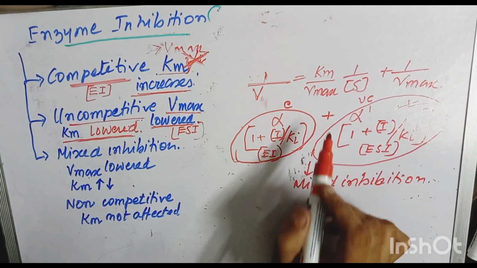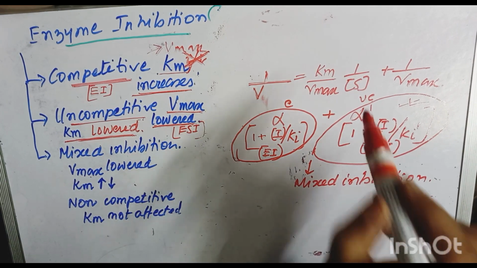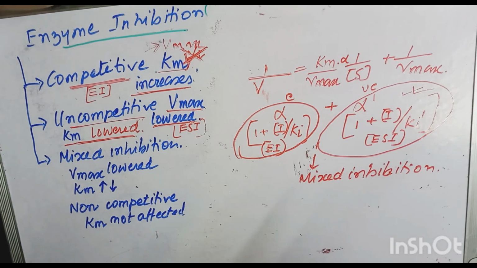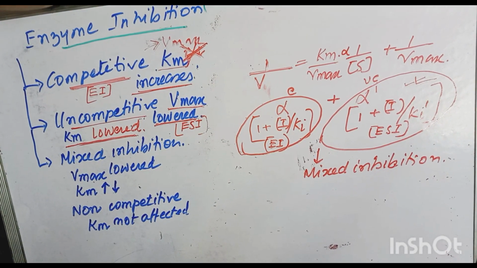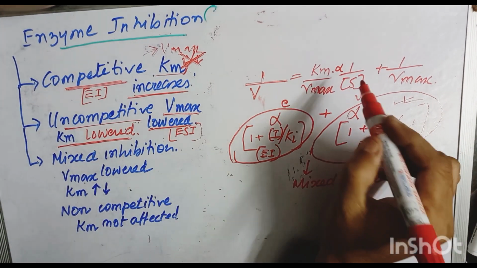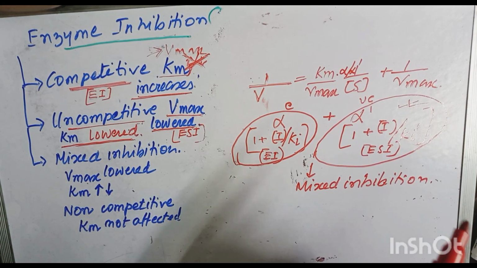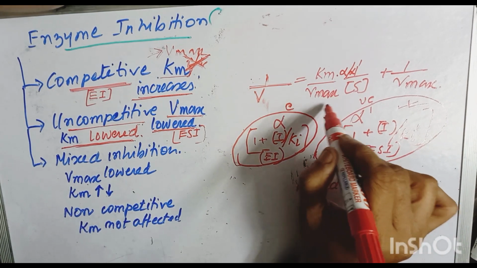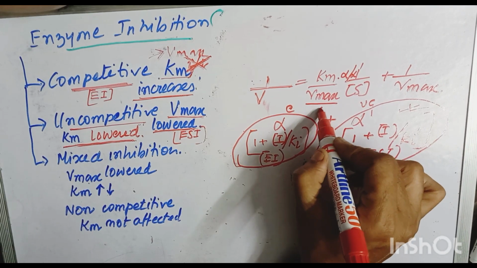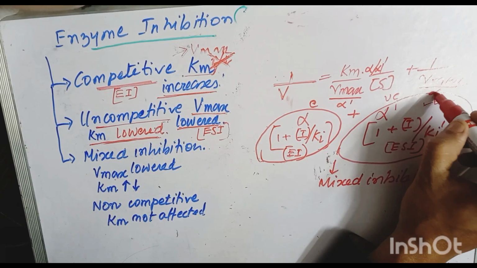Both factors will now come into play. For competitive inhibition, we increased Km by a factor of alpha, so alpha comes here. In uncompetitive inhibition, we lowered the value of Km by a factor alpha dashed, so alpha dashed is also here. In competitive inhibition, we did not affect Vmax, but in uncompetitive inhibition, Vmax was lowered by alpha dashed, so alpha dashed comes here.